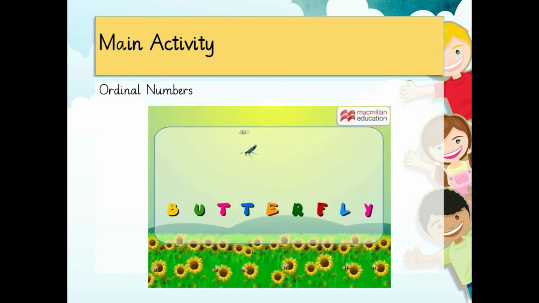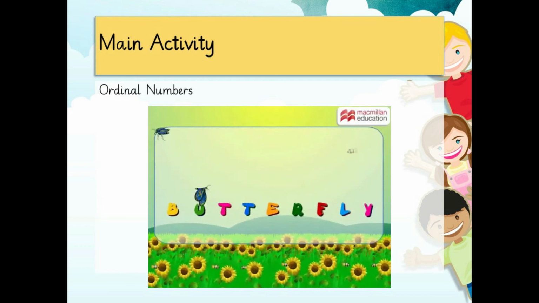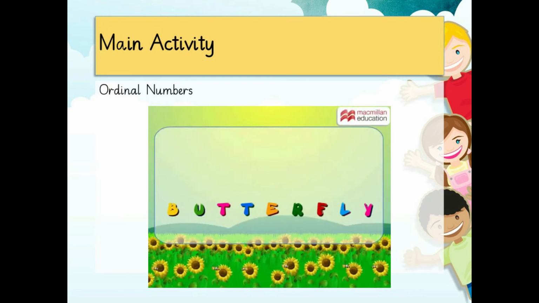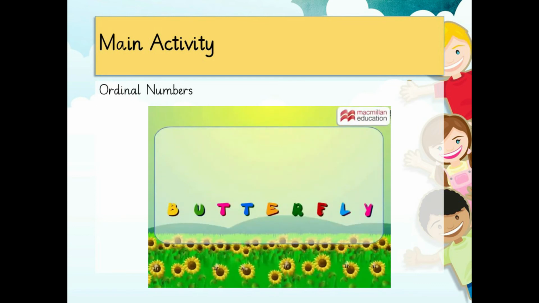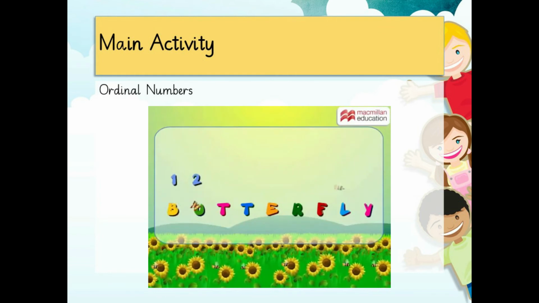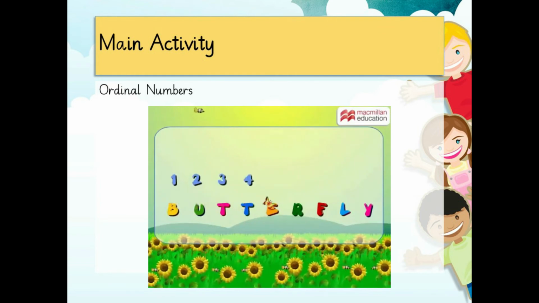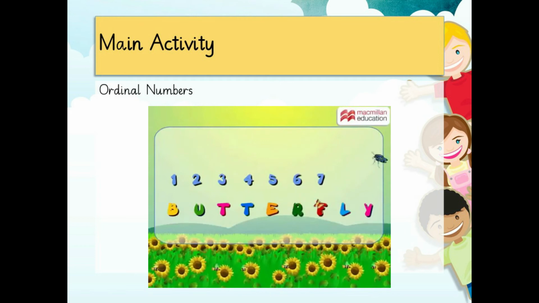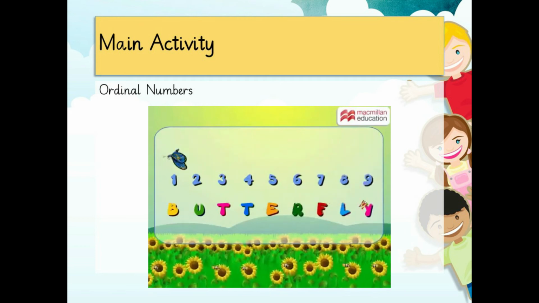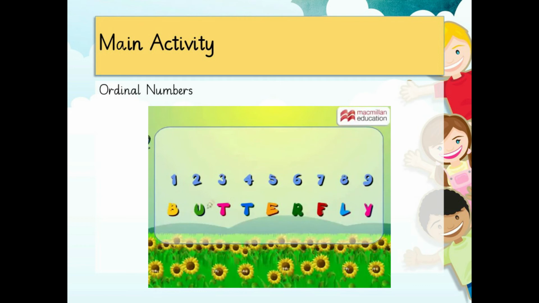Let's take another example to understand the concept. Can you tell me how many letters are there in the word butterfly? Let's count them. 1, 2, 3, 4, 5, 6, 7, 8 and 9. Well, there are 9 letters in total.